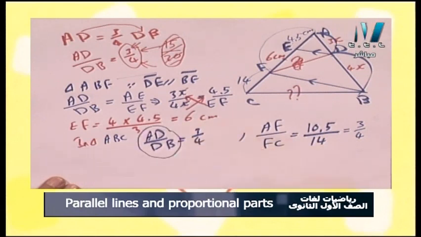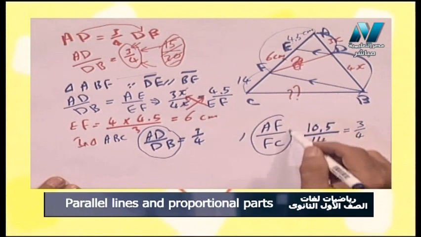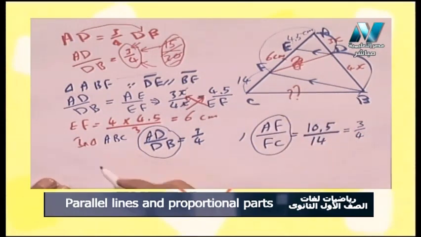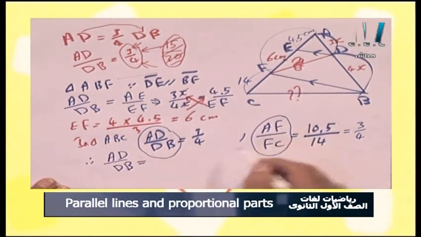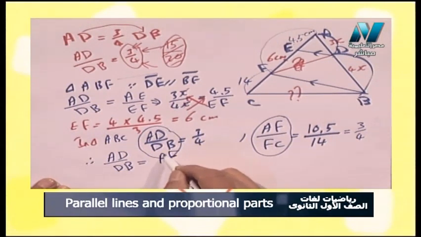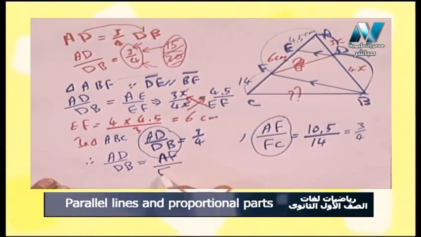So we can deduce that AD over DB equals AF over FC. Look carefully at this triangle.